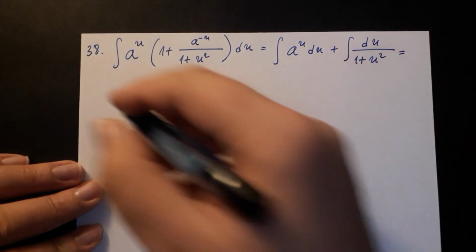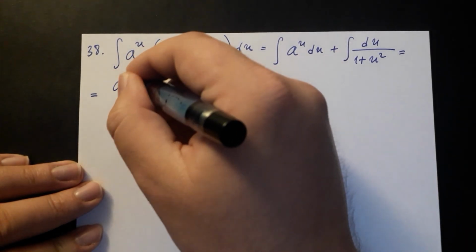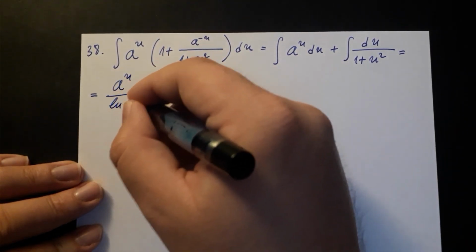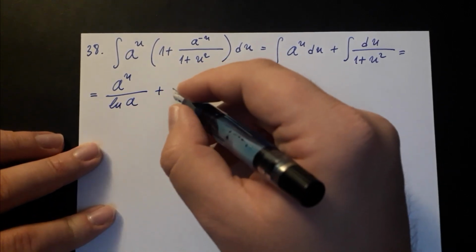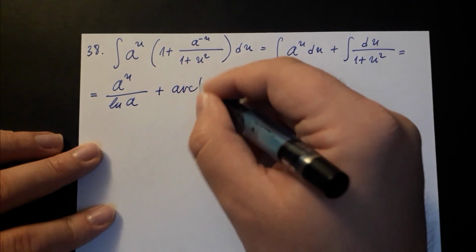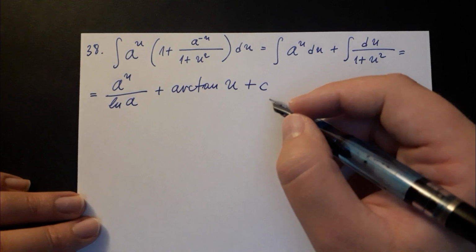So that is going to be equal to, integral of a to the power u is a to the power u divided by ln of the base, which is a in this case, and plus this is an arctan function of u and plus a constant c.